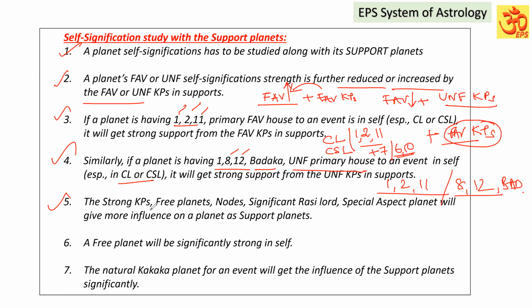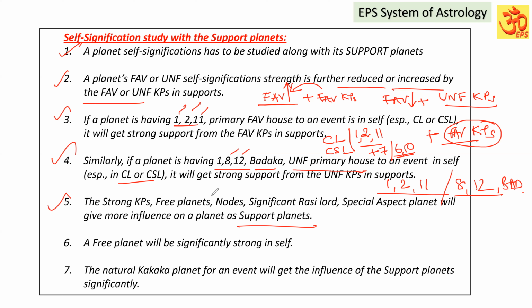Next point. Strong key planets, free planets, nodes, significant Rasi Lords or special aspect planets will give more influence on a planet as support planets. What it says here is, out of the support planets, the strong key planets, free planets in supports, nodes in supports, significant Rasi Lords in supports, and the special aspect planets from Jupiter, Mars, and Saturn, if they are all present through the special aspect, they will give their influence more on that planet.